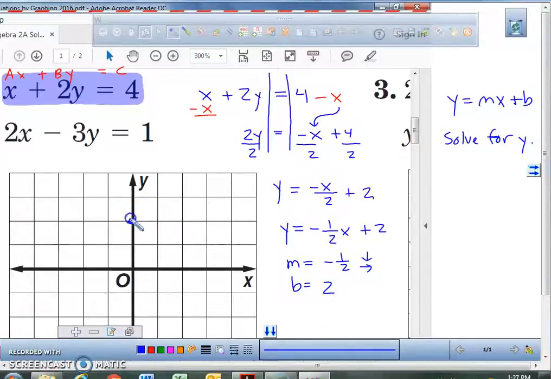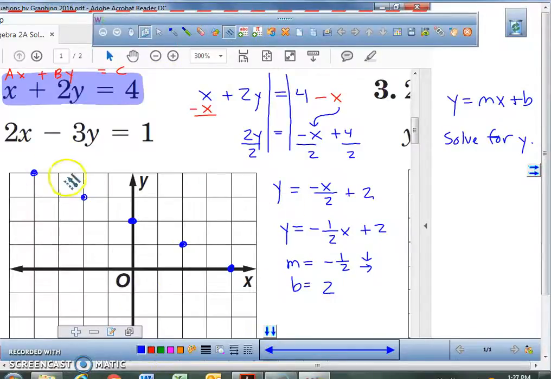Right up here at 2. And then from this point we go what? Down 1 over 2 units, put a point. Down 1 over 2 units, put another point. You guys can see the pattern there. Just extend the pattern. You can also go up 1 unit, but over 2 units to the left. Continue that pattern. And draw a nice straight line, just like that.